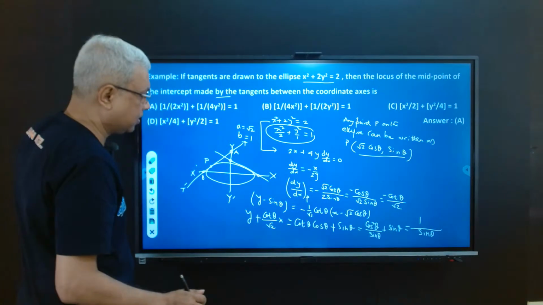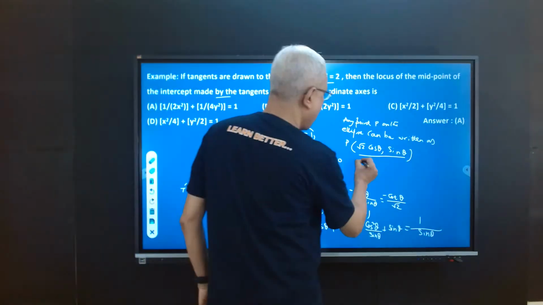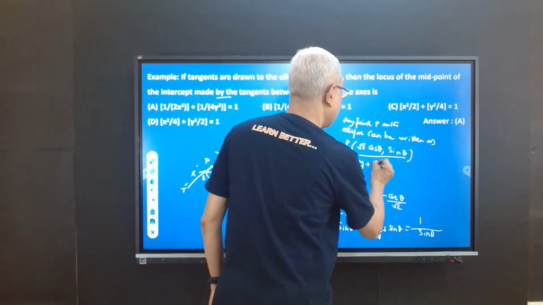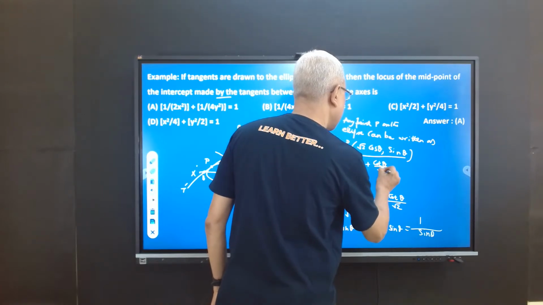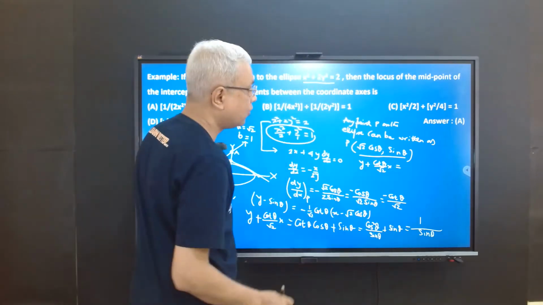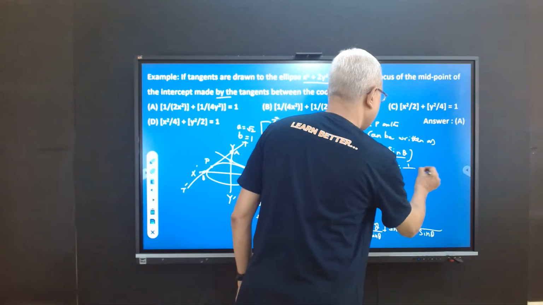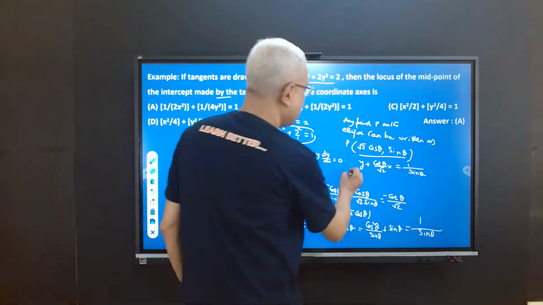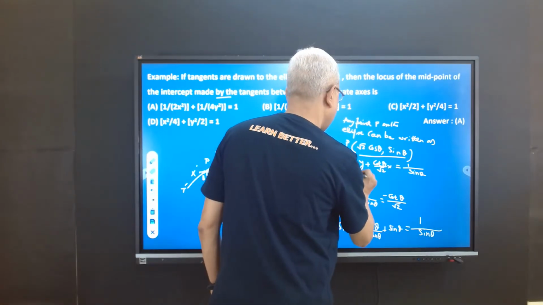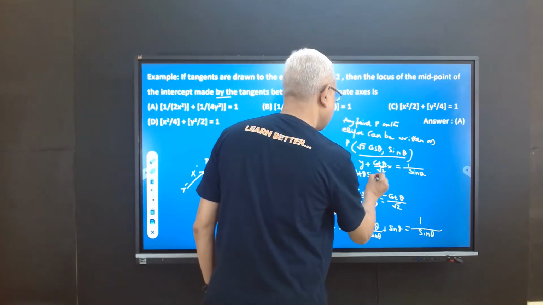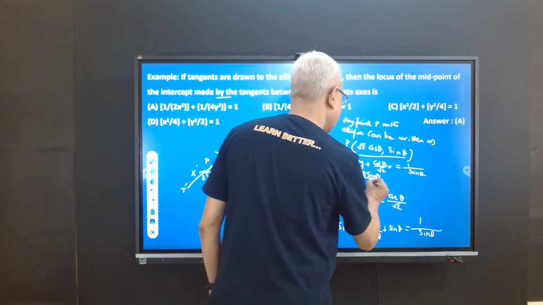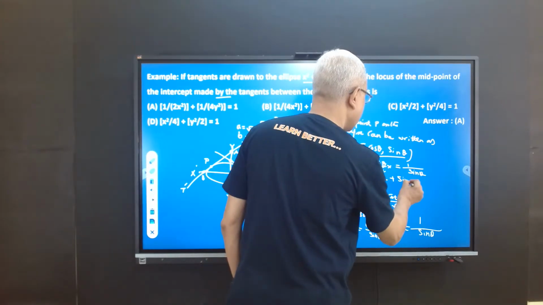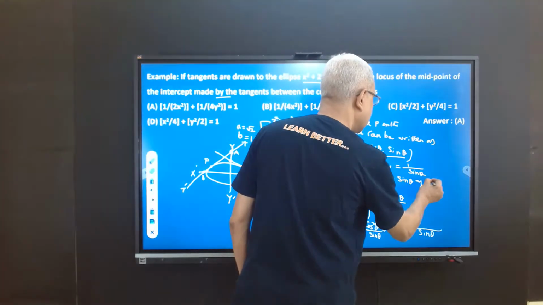So the equation of the tangent becomes y plus cot theta by root 2 x is equal to 1 by sin theta. So I can write it as cot theta sin theta divided by root 2 x plus sin theta y is equal to 1.